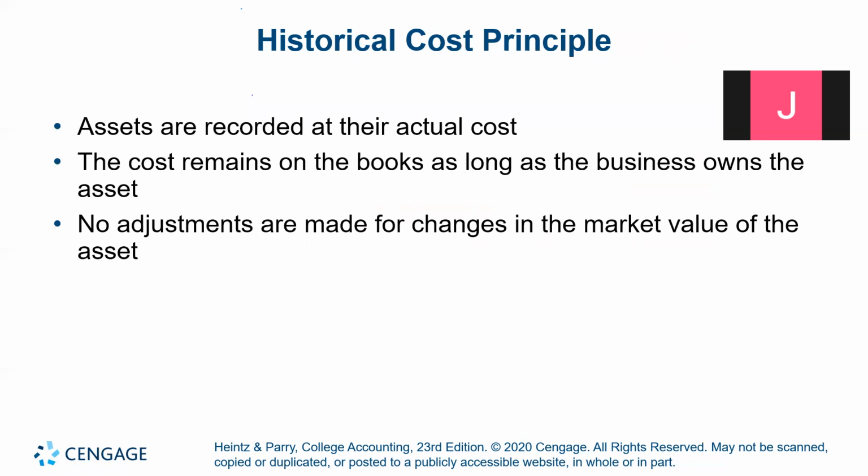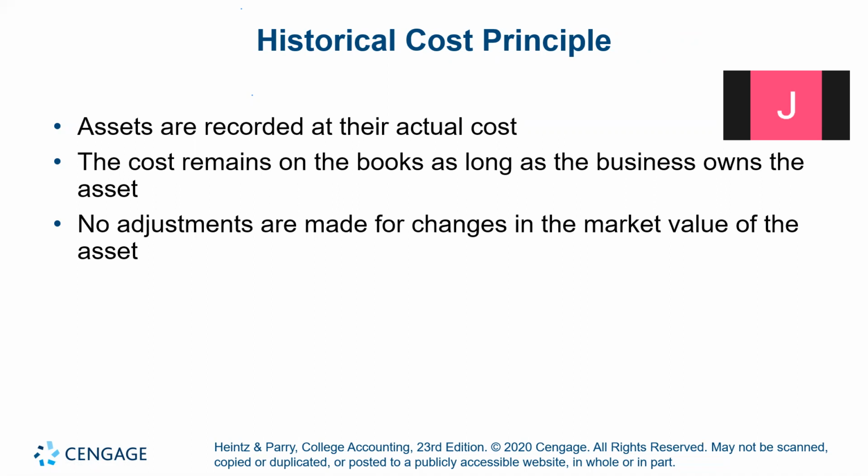Now we're going to get into fixed assets, depreciation, which is another one of our adjusting journal entries. The historical cost principle. All these principles are important. The historical cost principle. Assets are recorded at their actual cost. That cost remains on the books as long as the business owns the asset.